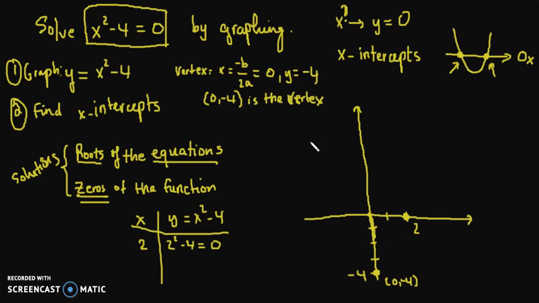I know that the axis of symmetry is the y-axis, so from here I can also find that negative 2 is the second point.